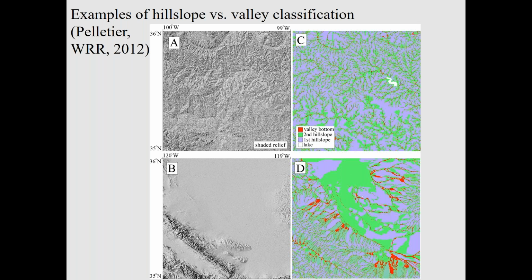This algorithm makes a distinction between first-order hill slopes and second-order hill slopes for the purposes of feeding into the work that Peter Heisenberg discussed a couple weeks ago. But one can break out a hierarchy of hill slope types depending upon how many upstream tributaries they have and that sort of thing. On the top here, I'm showing an example from the Great Plains, and on the bottom, an example from Southern California, basin and range style topography with distributary drainage.